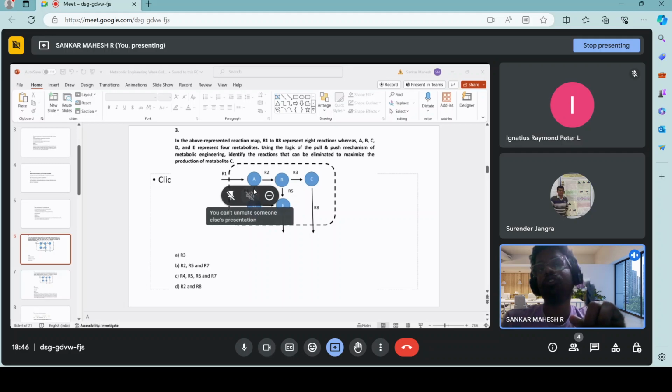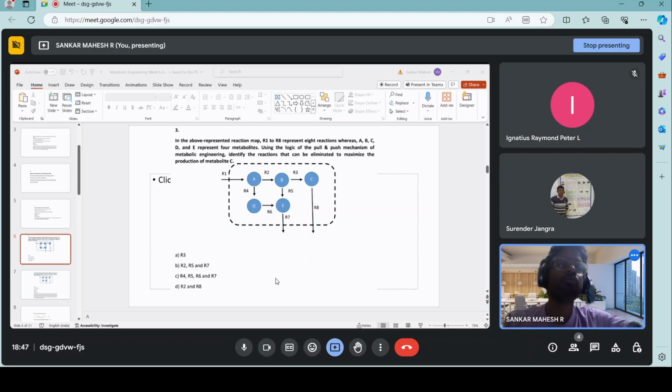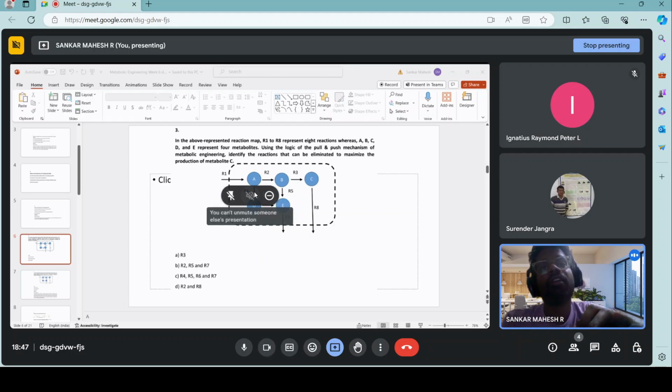So if R4 is not there, R6 will not happen, even if R6 is there in the reaction. You can imagine this like a knockout of a particular enzyme in step one, where there are multiple steps in the pathway. If the first enzyme itself is knocked out, the metabolite will not proceed through that pathway at all. So just having R4 and R5 is equivalent and sufficient for production of C.